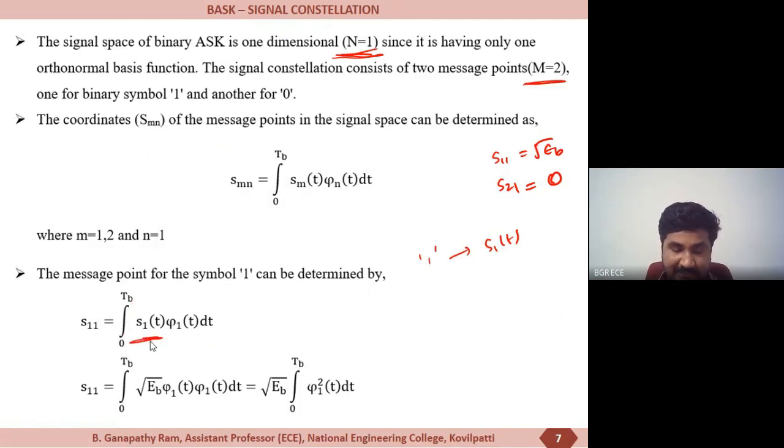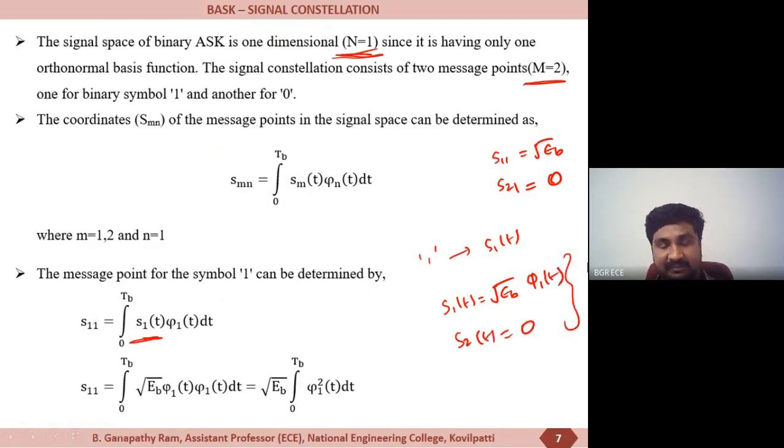S1 of t can be represented as square root of EB multiplied by phi 1 of t, and S2 of t is 0, as we have already discussed. If you substitute, we get square root of EB times the integral from 0 to TB of phi 1 square of t dt.